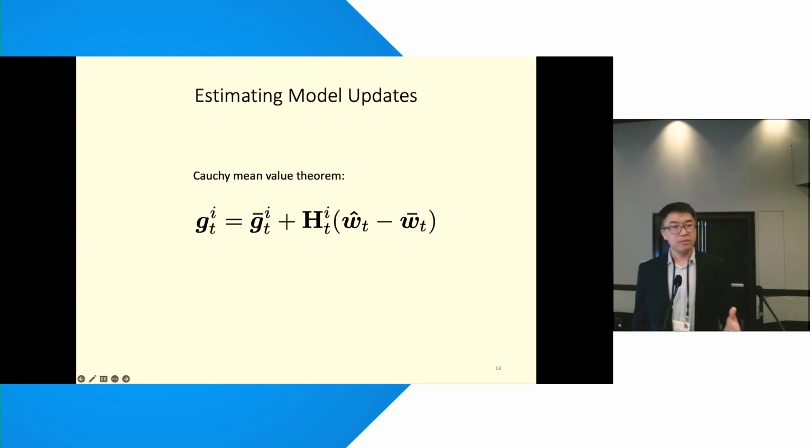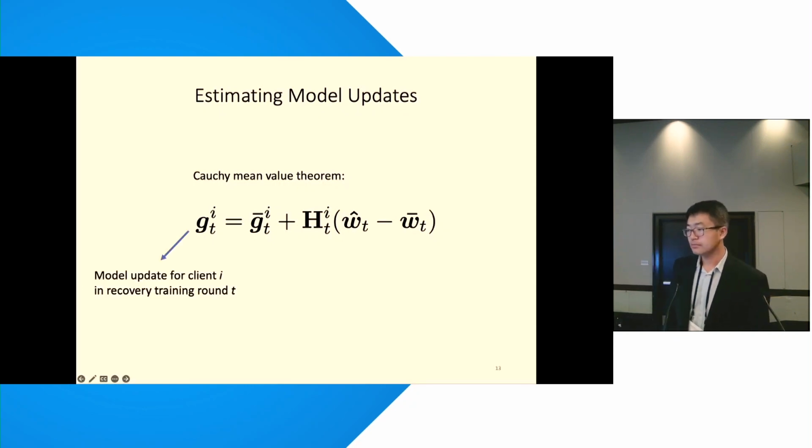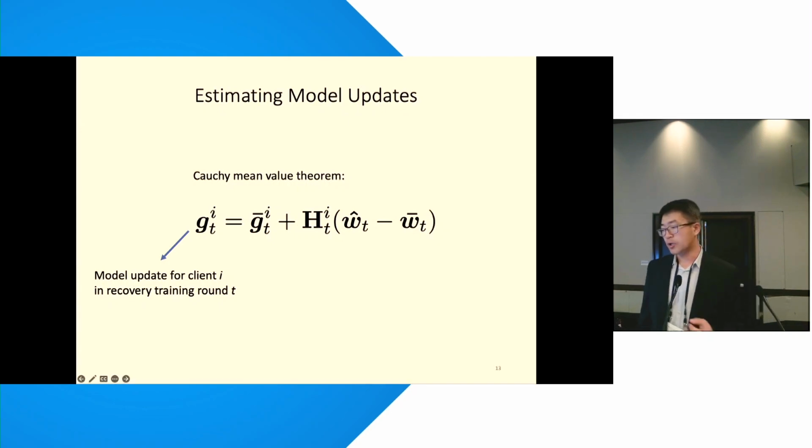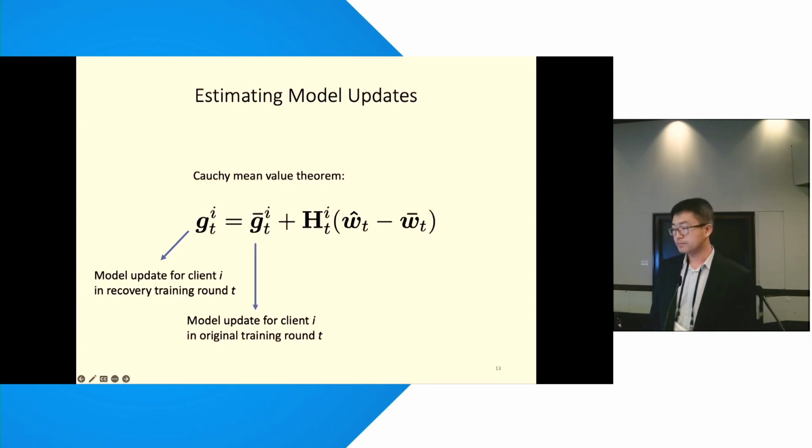Technically, we can estimate a client local model update using the well-known Cauchy mean value theorem, which we probably learned in advanced calculus class during college. This term is the model update for client i in training round t during recovery.